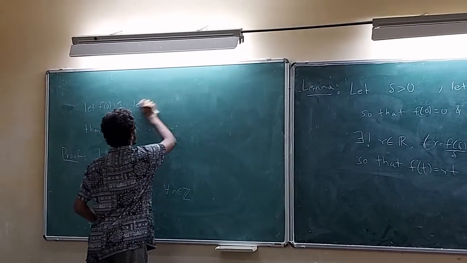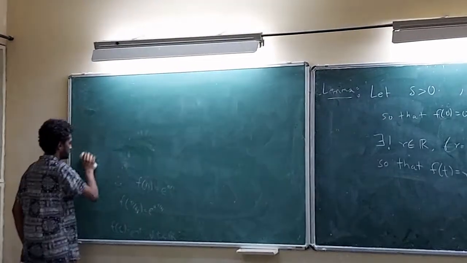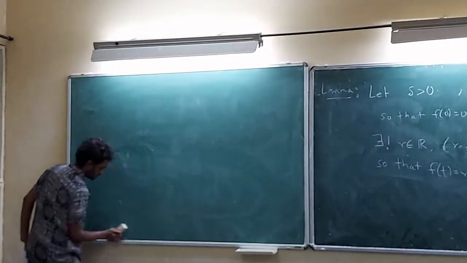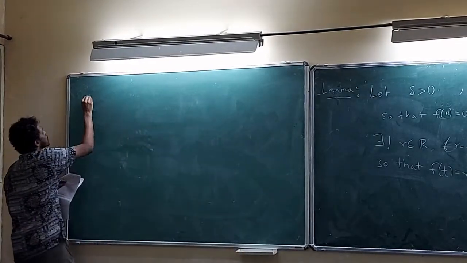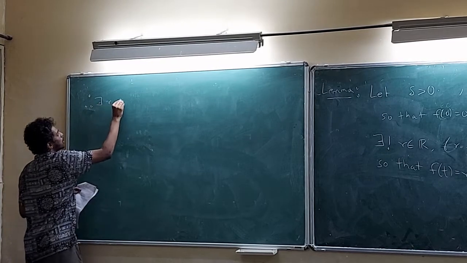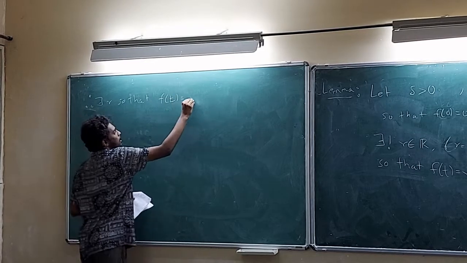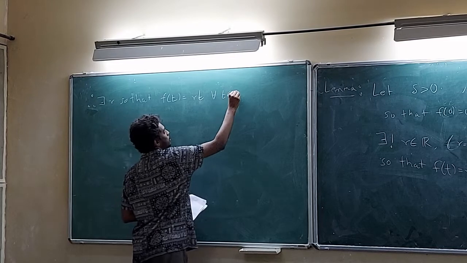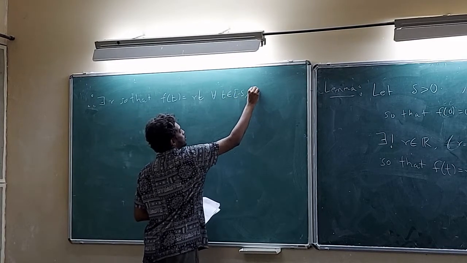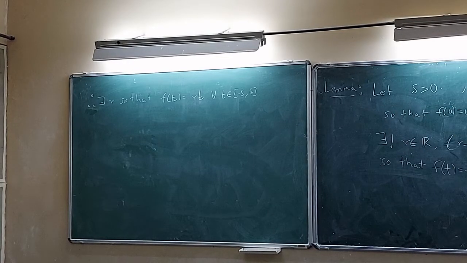Since f satisfies these properties from the last lemma, we obtain that f is indeed a linear function, for all t belonging to this minus delta to delta. And that comes from the very fact that we defined it as the logarithm of this homomorphism rho.